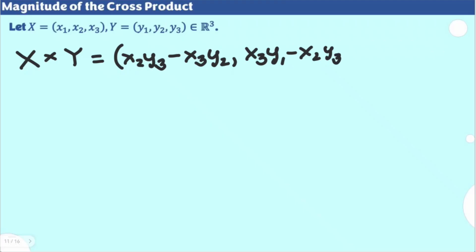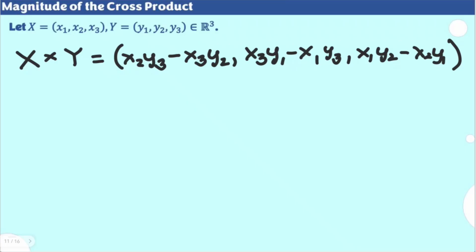And for the last component, x sub 1, y sub 2, minus x sub 2, y sub 1. These are the components of our cross product for any two vectors.